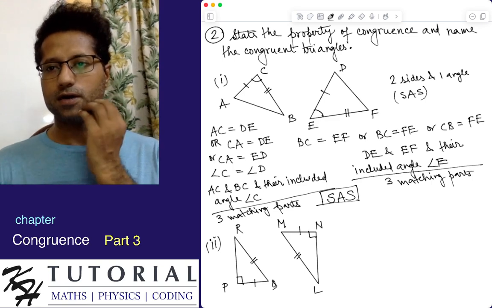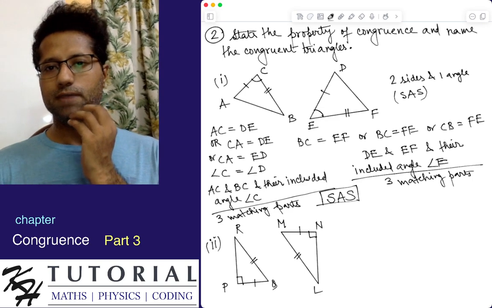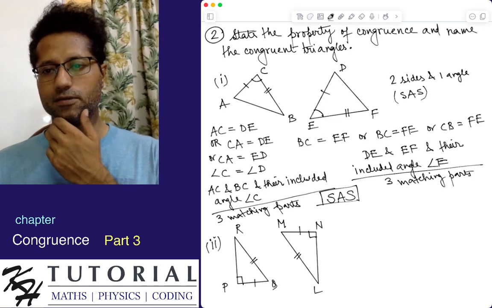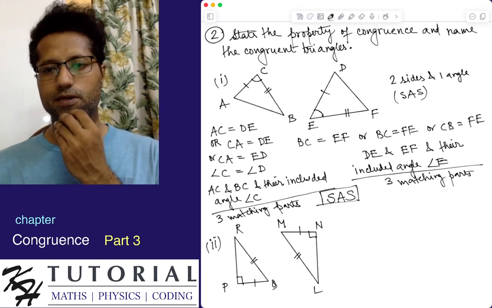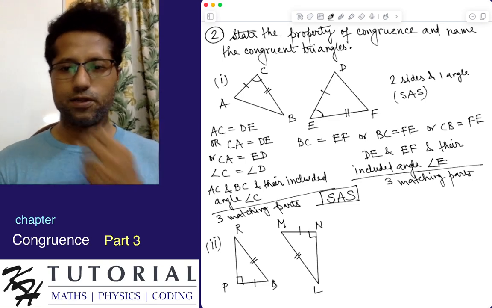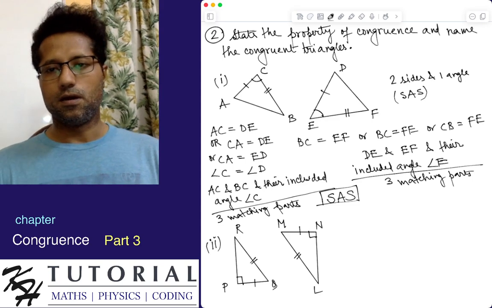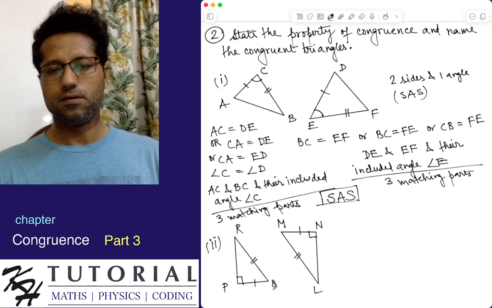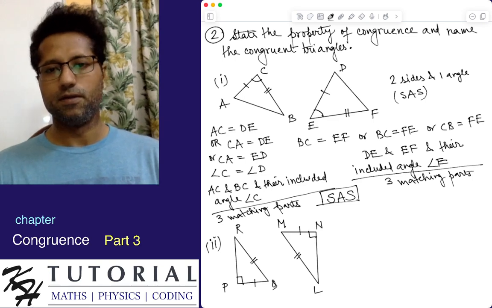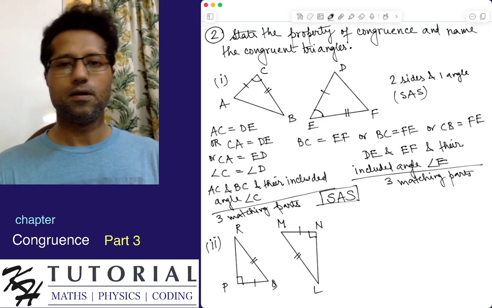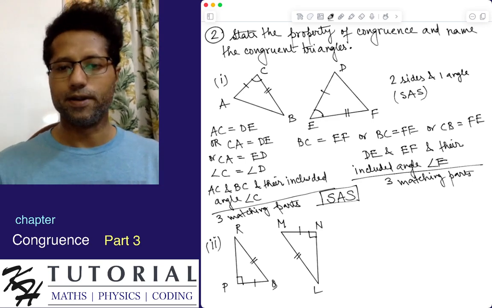And it has also asked the name of the congruent triangles, that is, the congruence name: what is the correspondence between the triangle ABC and DEF under which these two triangles are congruent.